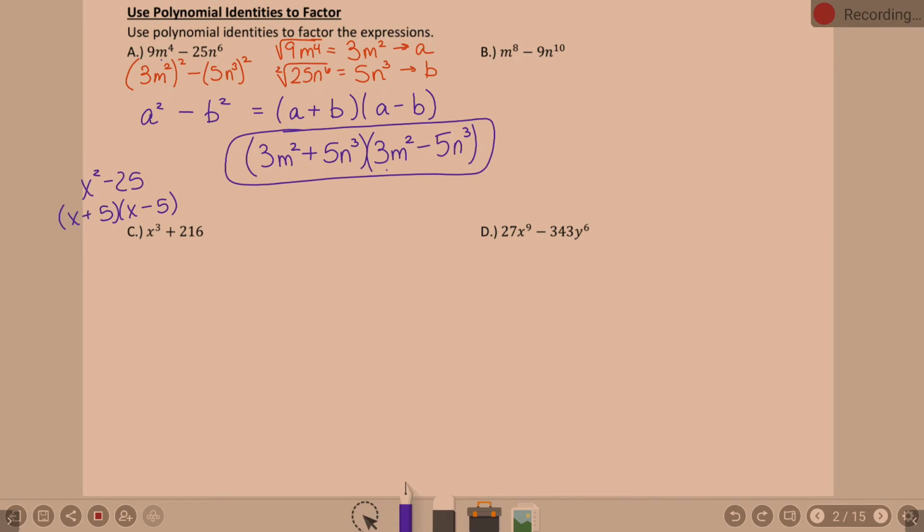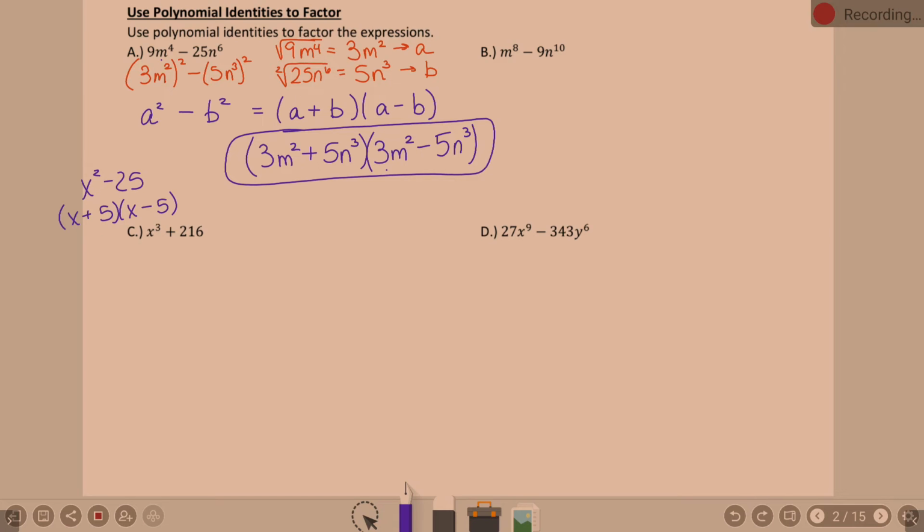Because x squared breaks into x and x. The square root of 25 is 5, and we use a plus and a minus to get that middle term to cancel. That's exactly what we're doing, but with trickier terms. Does seeing the easier one help a little bit? But we've done this. This is just a bigger scale version of it.